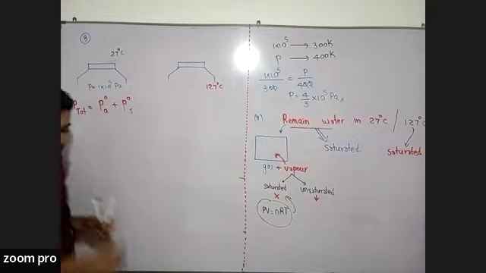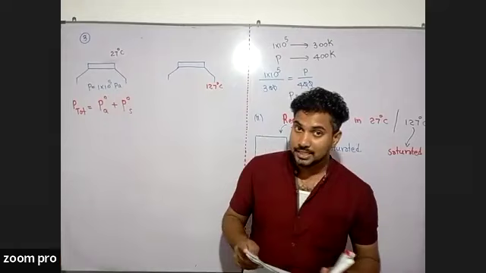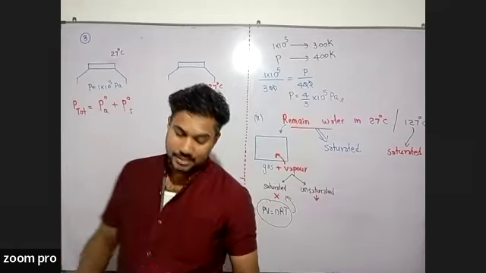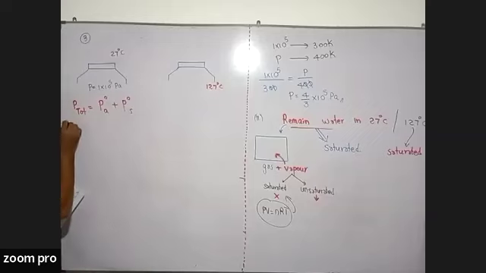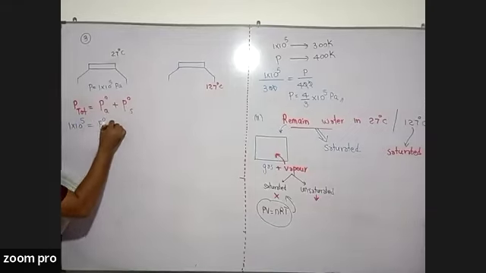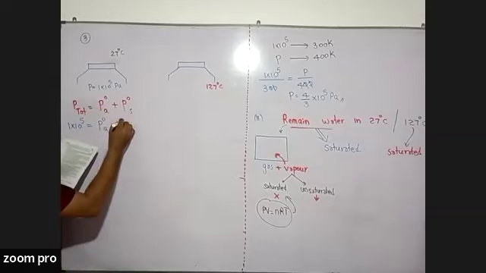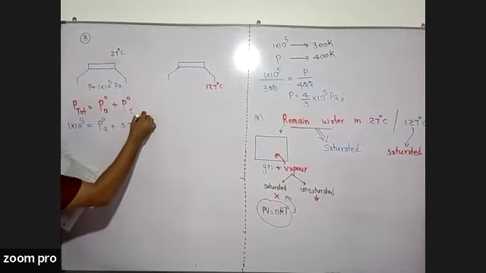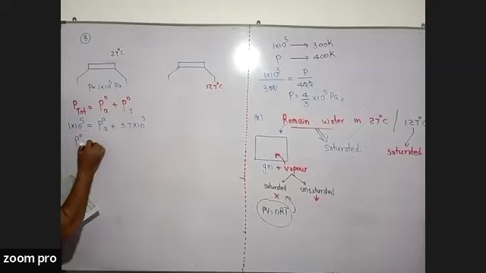They have given the saturated vapor pressure at 27 Celsius as well as 127 Celsius. If the total pressure is 10 to the power 5, we don't know the partial pressure of the air, but we do know the saturated water vapor pressure at 27 Celsius. Right. So this is the value. Then P naught A is equal to.